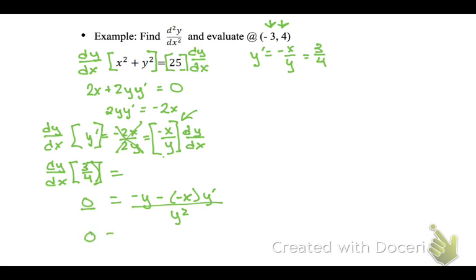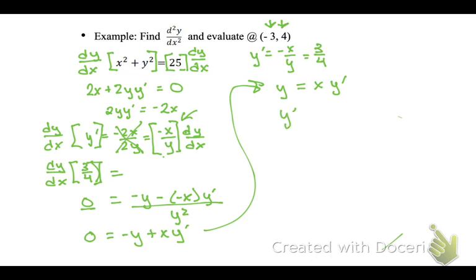So I have 0 equals negative y plus x y prime. So add y. So y equals x y prime. So divide by x. So y prime, oh, actually that would be double prime, wouldn't it? Yes, because we took the derivative of that. Would equal y over x. And so y double prime would be 4 over negative 3. So negative 4/3.